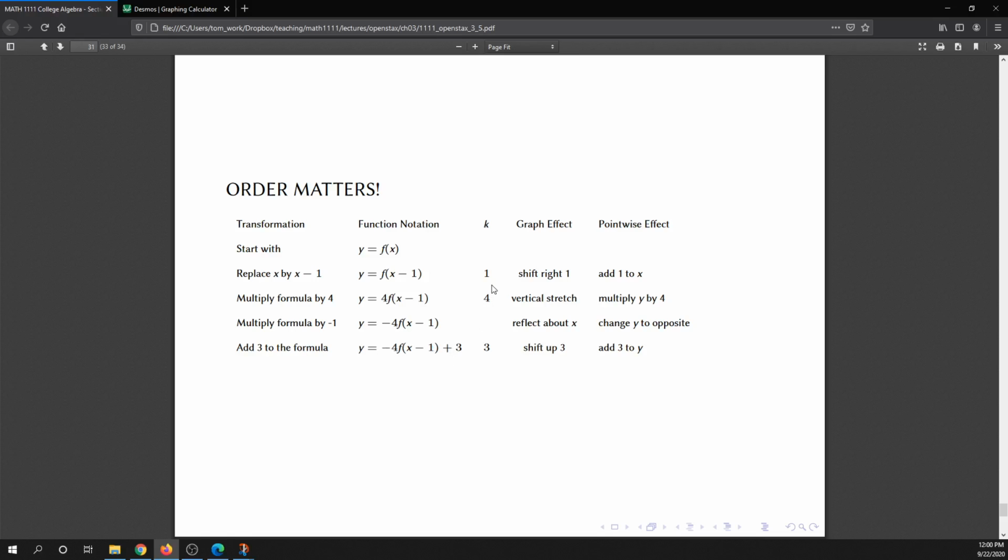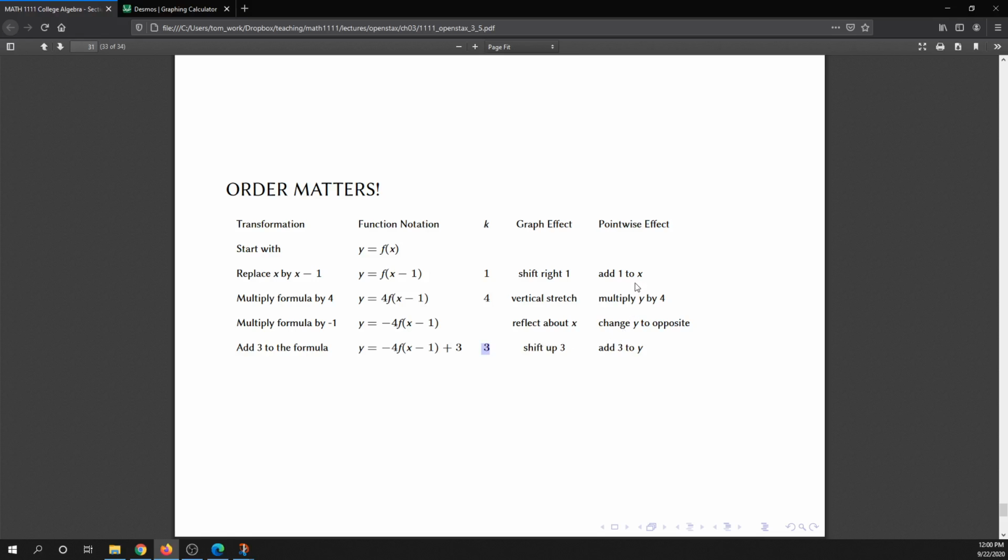In each case, I identified the k, so k is 1 here, it was 4 here, and no k for the reflection. And here I identified this. So I end up with these graph effects. I know that this is a horizontal shift right. I know that this is a vertical stretch. I know that this is a reflection about the x-axis, and then this is a shift up 3 units.